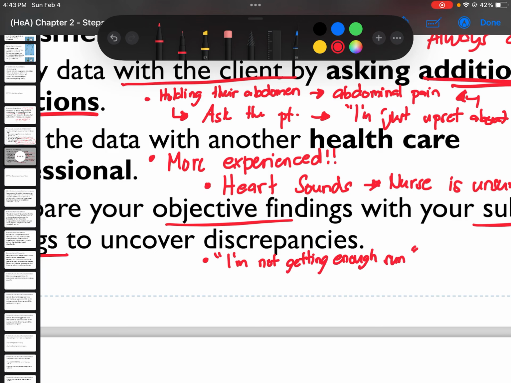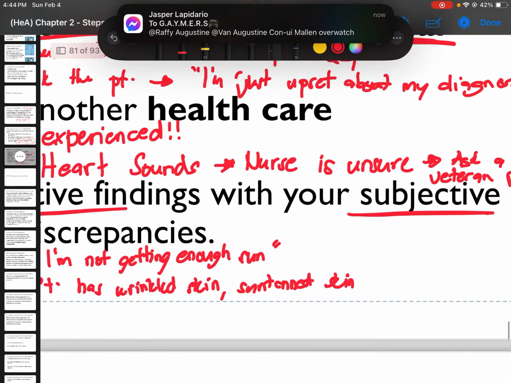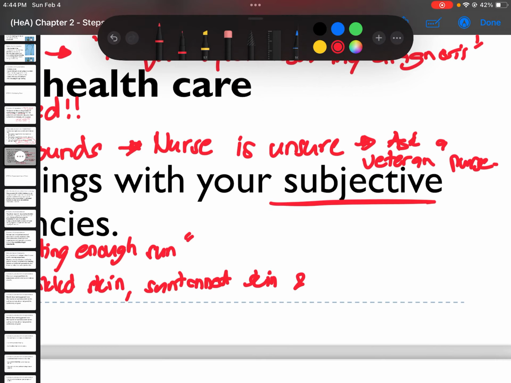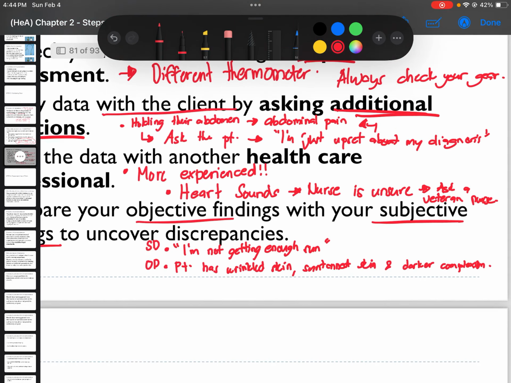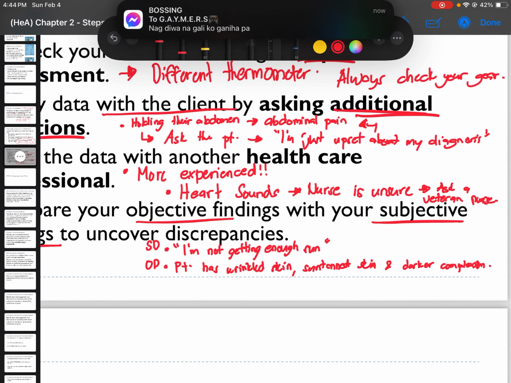That is the subjective data, but our objective data finds out that the patient has wrinkled skin, suntanned skin, and a darker complexion. Okay? Suntanned skin and a darker complexion.